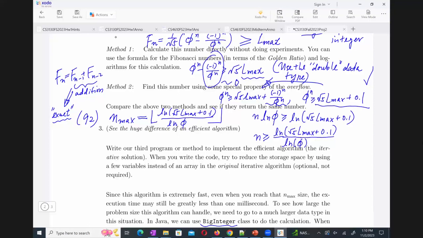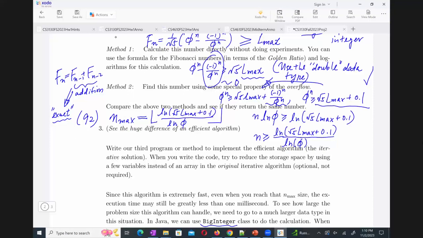Hopefully, after this round, you will understand and get a very good awareness of the overflow problem. Otherwise, when you solve real-world problems, you may not be aware of it. You just do it in the normal way, but at the end, you may get a wrong answer, sometimes a ridiculous answer.